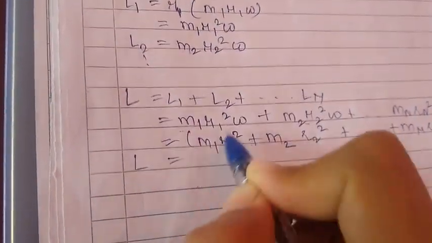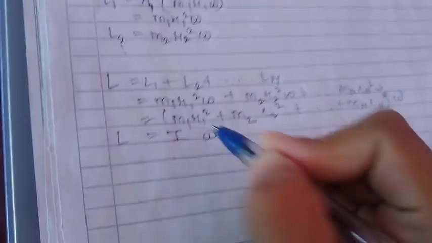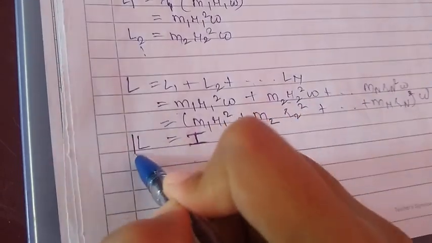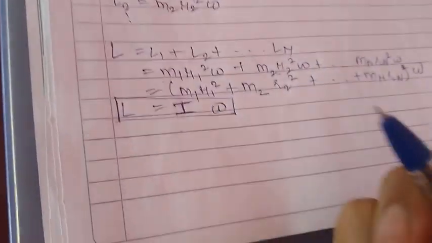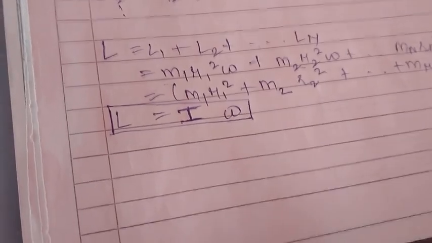So you can write the term inside the bracket as I, the moment of inertia. So this formula gives you the relation between the angular momentum and the moment of inertia, that is L is equal to I omega. Now similarly we have to find the formula for torque also.